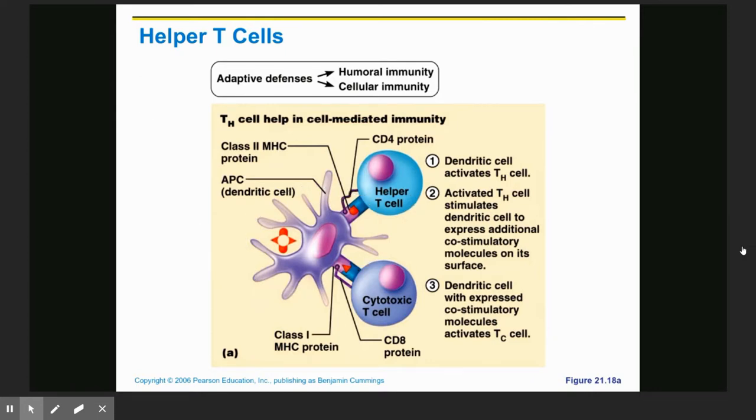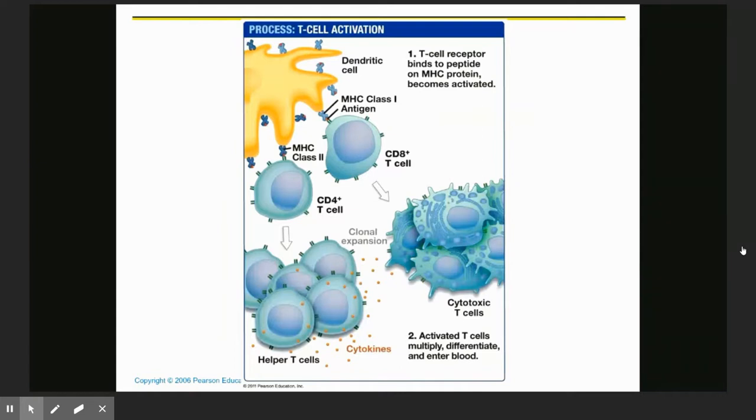Once you activate a T cytotoxic cell, just like when you activate a T helper cell, we're going to go through mitosis. So remember what happened with the B cell? It immediately started dividing, and we went from 1 to 2 to 4 to 8 to 16 like that. That's exactly what's going to happen here.